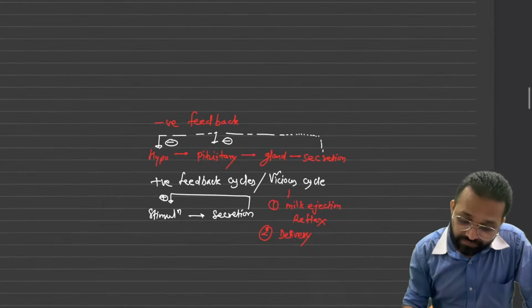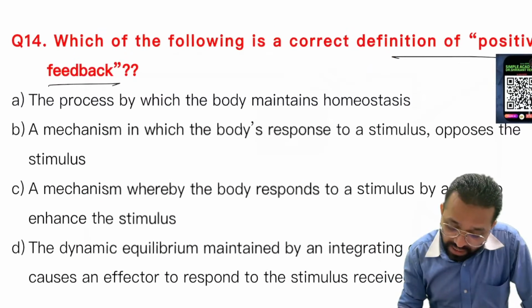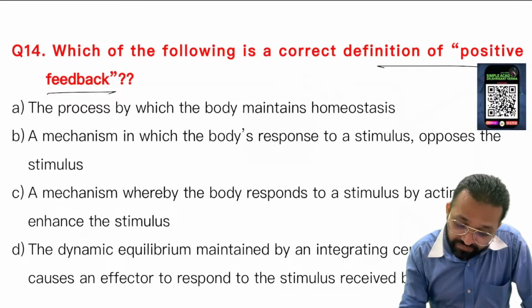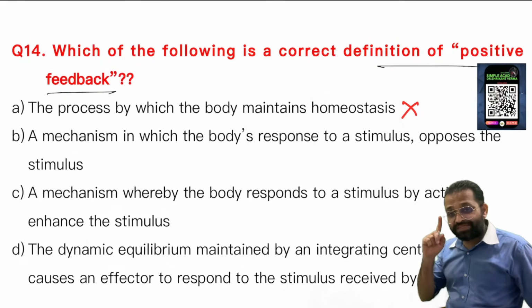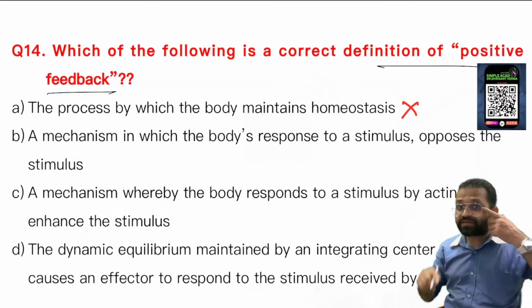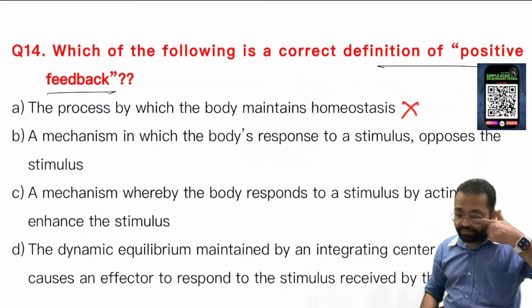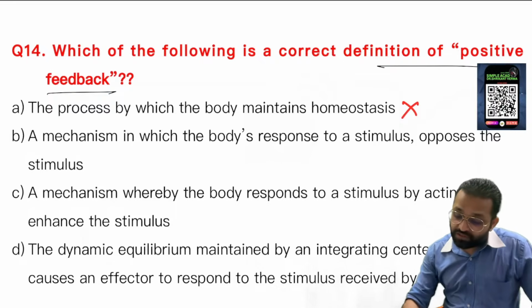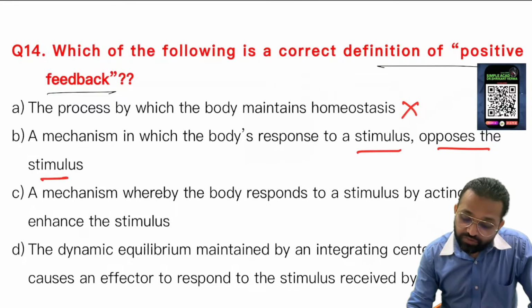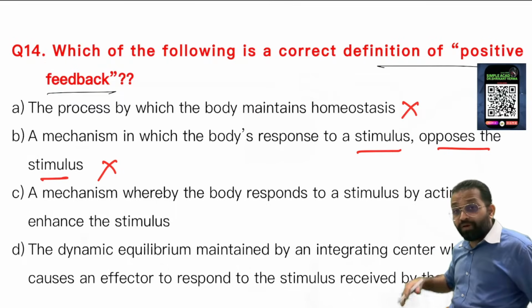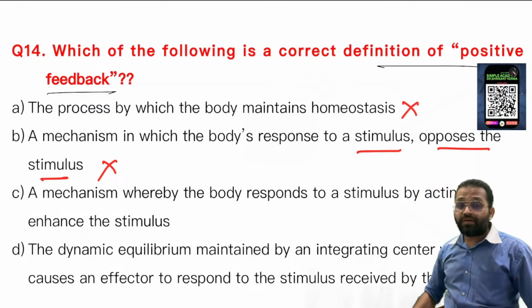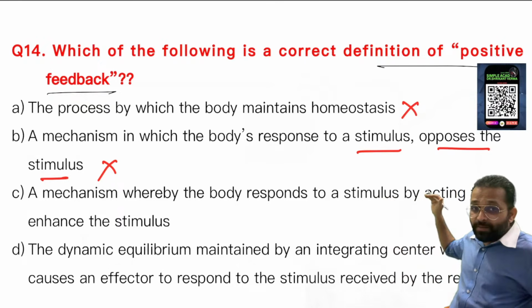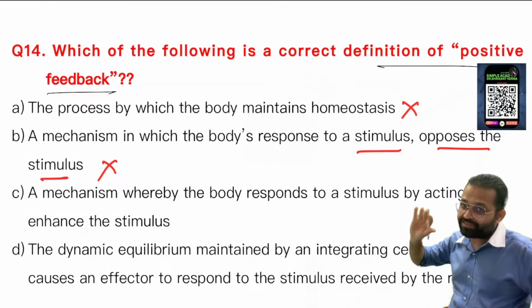Agree? Okay, so what is the answer? The process by which the body maintains homeostasis? No, homeostasis is maintained by the negative feedback cycle. Next, a mechanism in which the body responds to a stimulus and opposes the stimulus? No, but it stimulates the stimulus. A mechanism where the body responds to the stimulus by enhancing the stimulus?